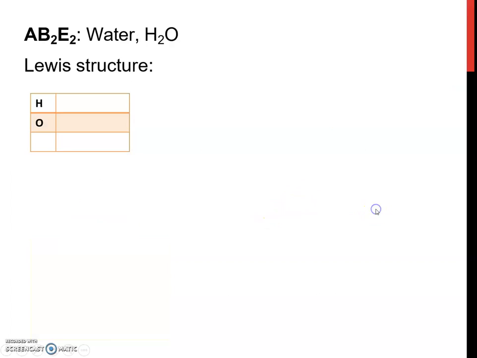Right. Next, H2O, water. 2 plus 6, so 8 valence electrons. Oxygen has 6 valence electrons.